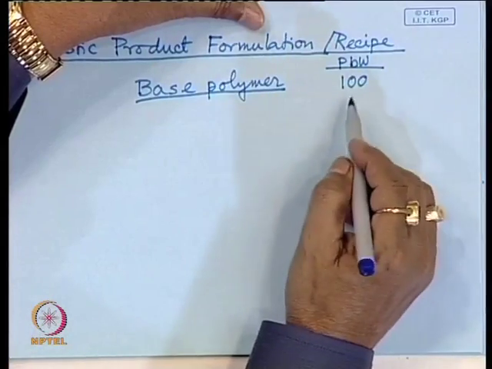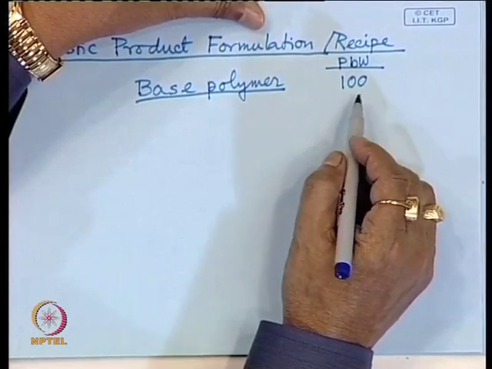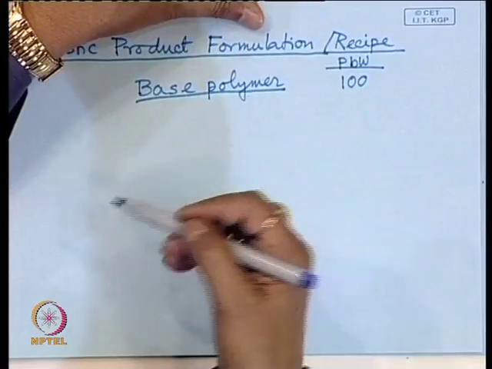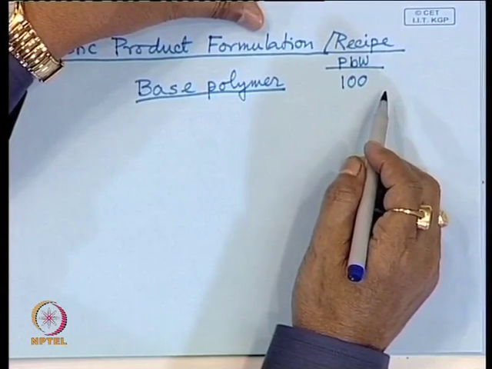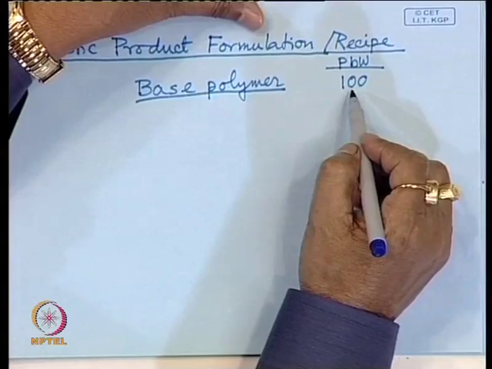So, if you take the base polymer 100 parts, then correspondingly what will be the amounts of the ingredients taken. This is the main polymer phase, 100 parts. That means you may take 100 gram, 100 kg, or 100 ton. In one batch of product formulation, you start on the basis of 100 kg or 100 ton of polymer. It is better to write it as 100 kilogram.